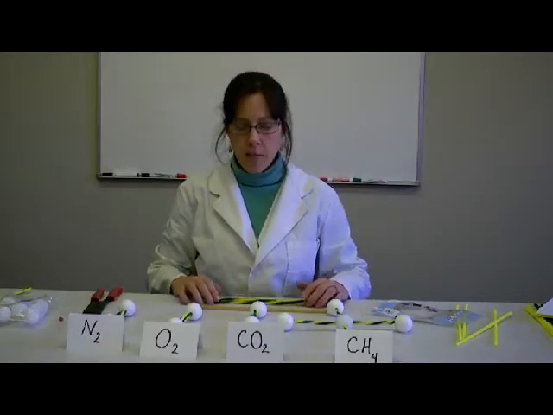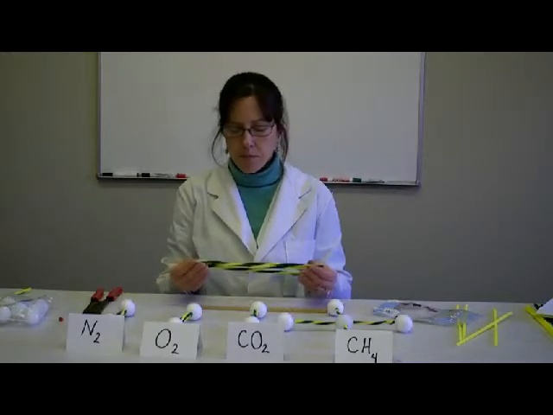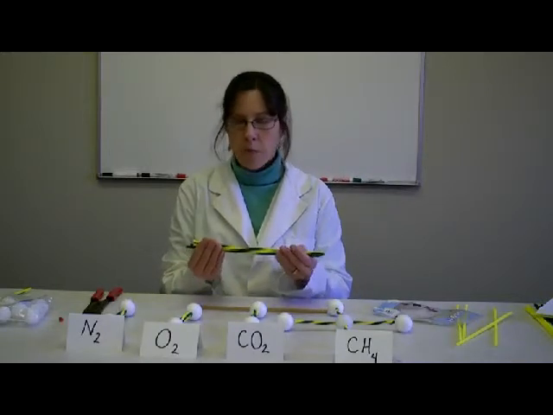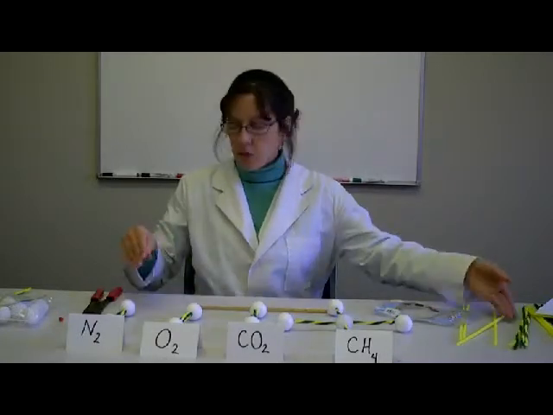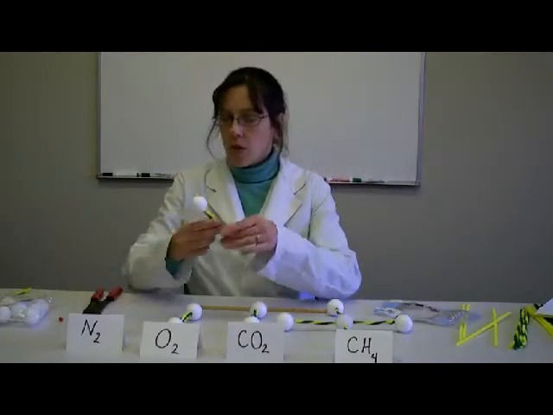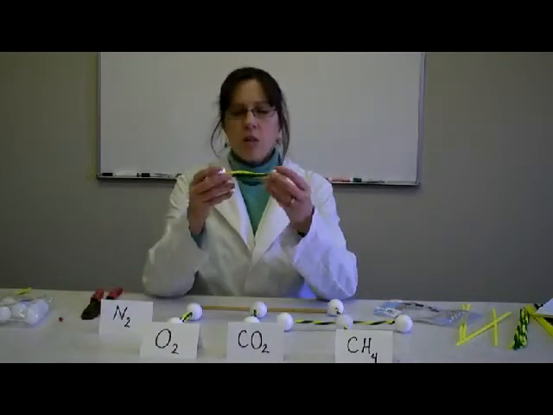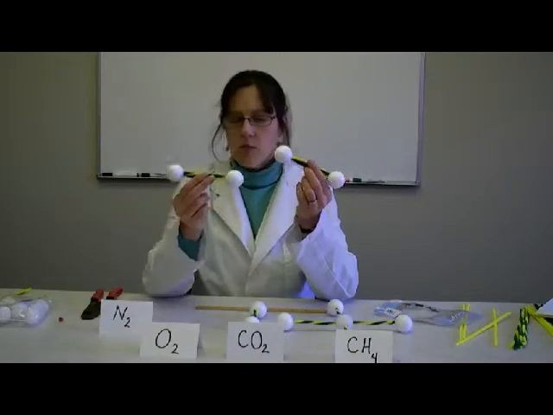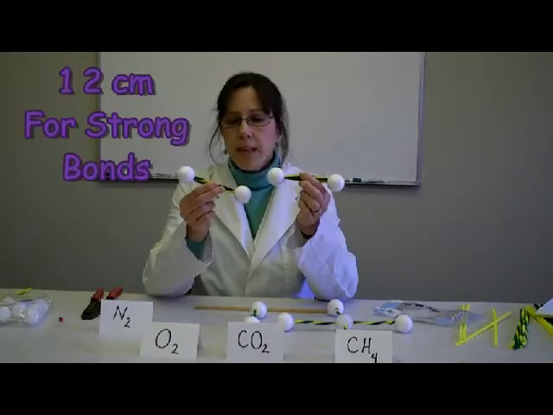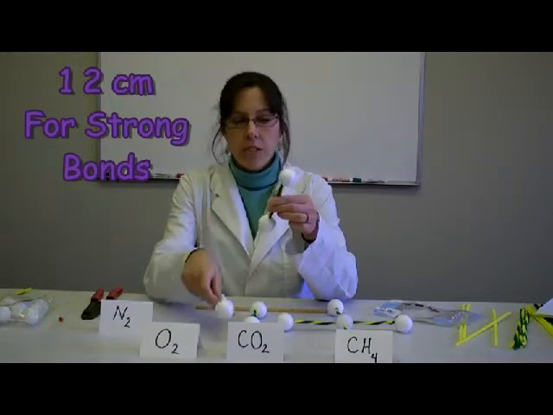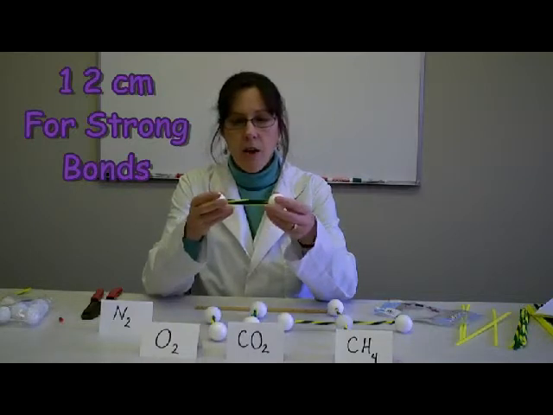Once you have a number of these pipe cleaners twisted, you can go about constructing your molecules. For your nitrogen, which has the strong bonds, I found that we needed 12 centimeters worth of pipe cleaner inserted on each end of the balls.